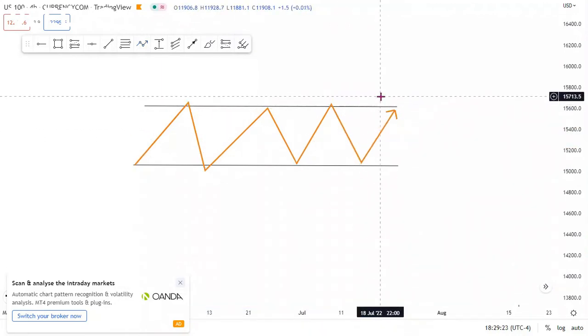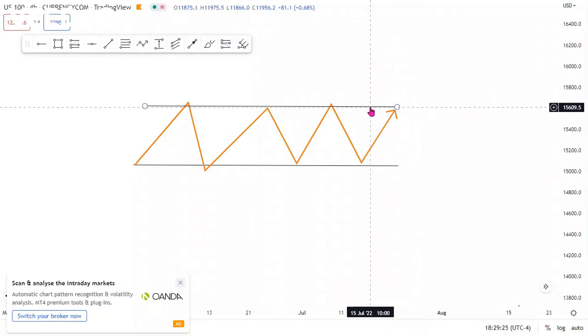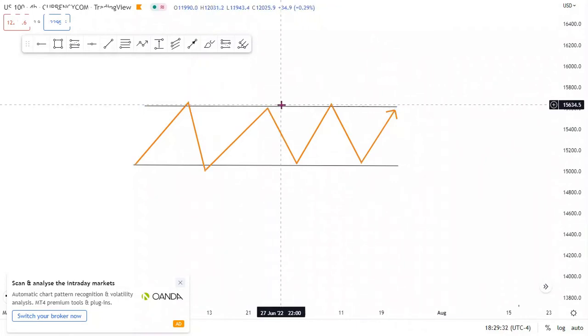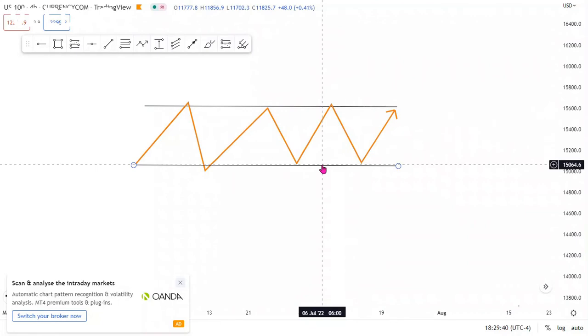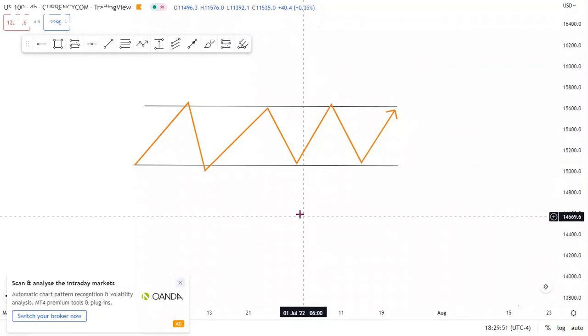So now we are having this level here as our resistance because it's the level where the market will just come and respect it, failing to break above it, serving as the roof, like I said. And this one is our support, because it's the one that supports the market from the bottom, and the market finds it very difficult to break below this level here.